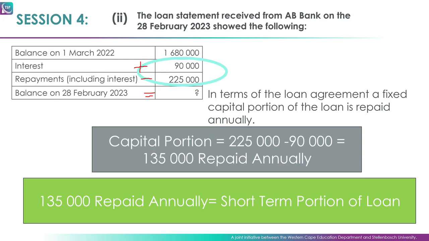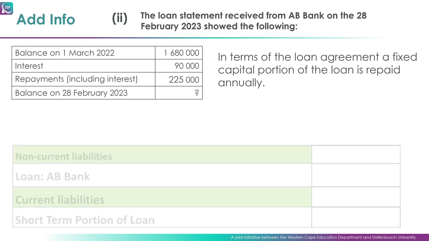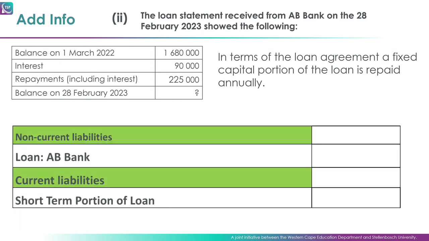Then the next slide, we have the loan statement received. They say regarding the loan, how will this be input into our answer sheet? So I would like you to go ahead and go into your answer sheet.